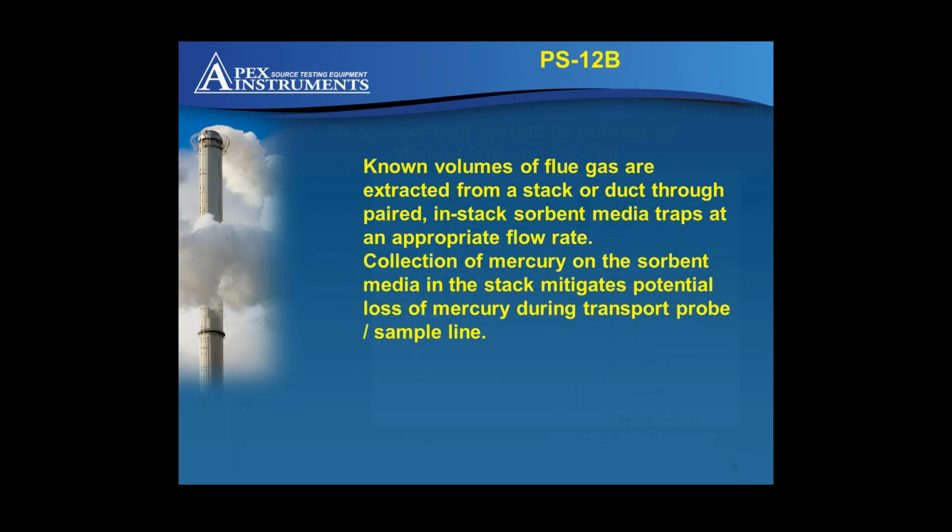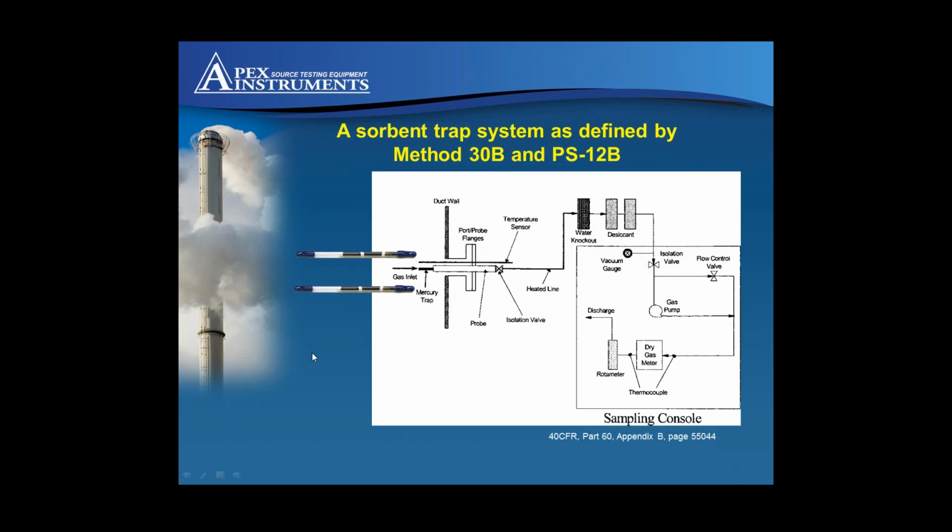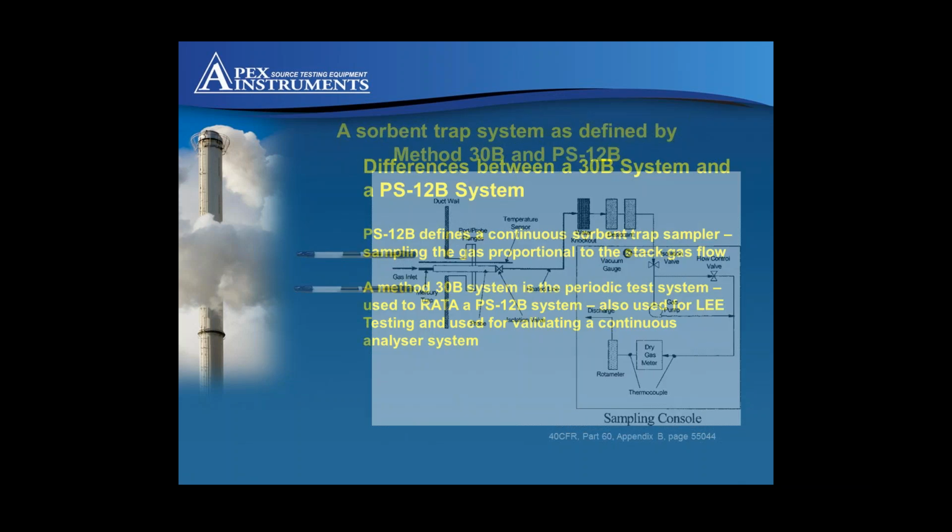It's collected in the stack. This is taken directly from the standard, a representation of the 2 traps at the end of the probe. We're pulling gas through here, and then all we're really doing is measuring the volume of gas during the whole of the sampling period.